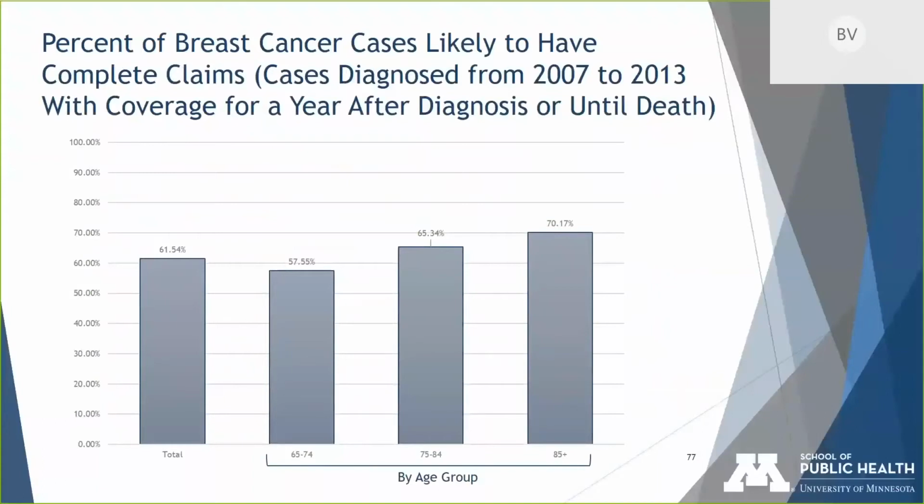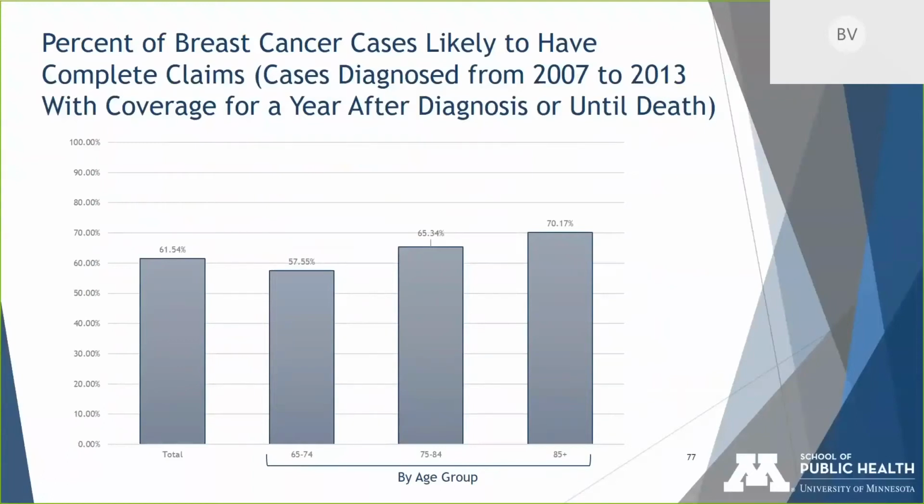This slide takes all cancer cases diagnosed from 2007 to 2013 and looks at the percent of individuals who have full coverage, or as we call it, likely to have complete claims, which means they have Parts A and B with no managed care, and we did this for a year after their date of diagnosis or until the time of their death.